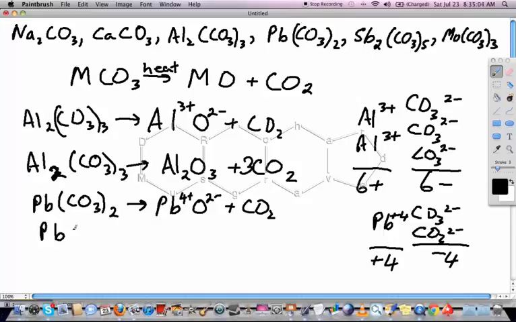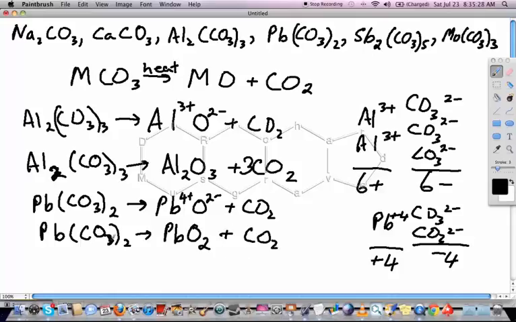Now we figure out the formula of the metal oxide. We've got Pb, and we need 2 oxygens to match that, because we've got 2 negative on the oxygen and 4 plus on the lead. We need 2 of these to balance that out, so it would be PbO2 plus CO2. And we need to balance it.